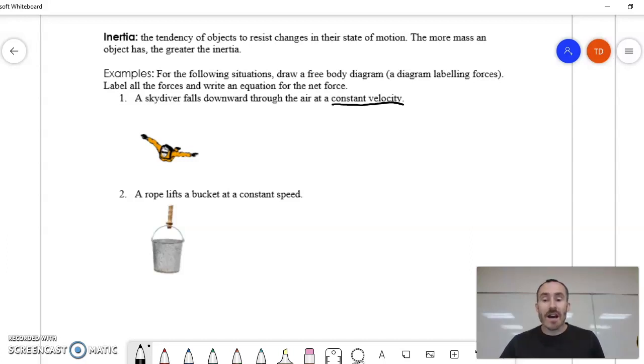So this skydiver falling at a constant velocity means that the force that's pulling them down is the same as the force that's pulling them up. They've hit terminal velocity, that's called. So when we draw these vectors, we draw a downward vector for the force of gravity. We're going to label it.